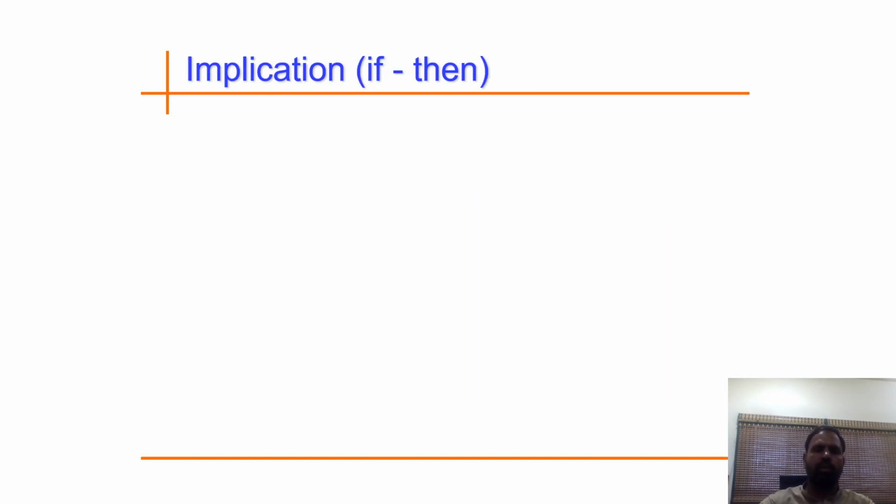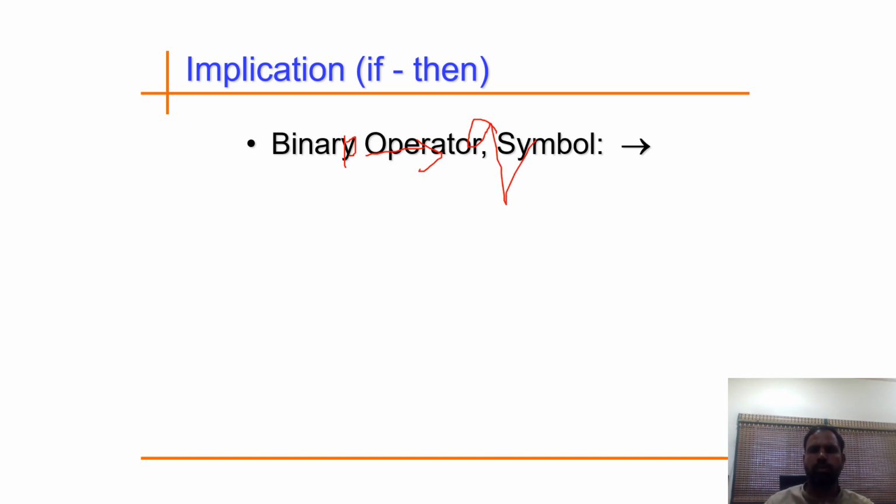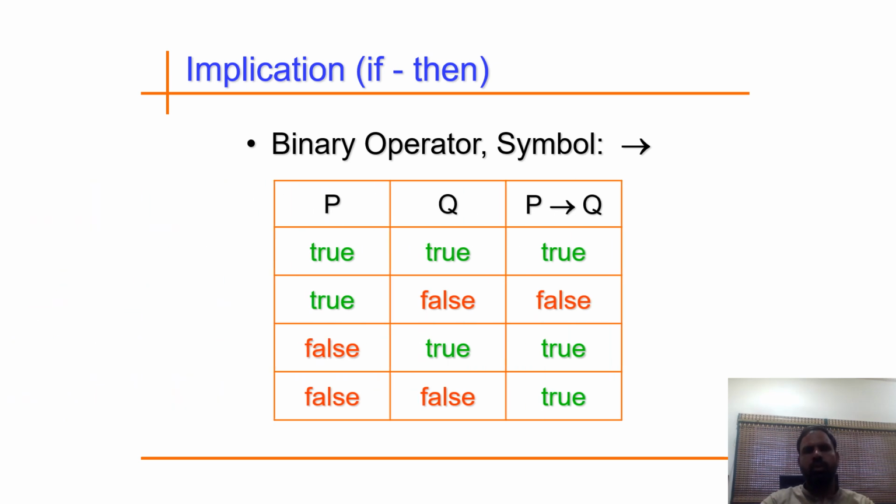Implication, if then. We can draw the table for P implies Q. The binary operator for this is this table. This is the truth table for if then.